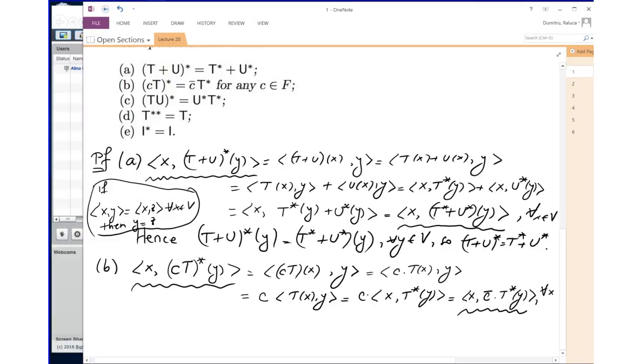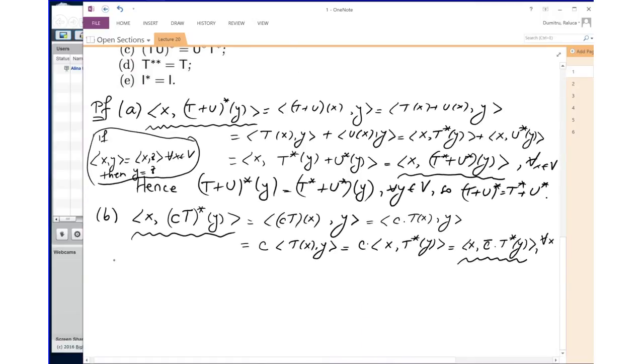And again, this holds for any x in V. Therefore, according to the same property as above, the adjoint of the operator c times T is c bar times the adjoint of T.